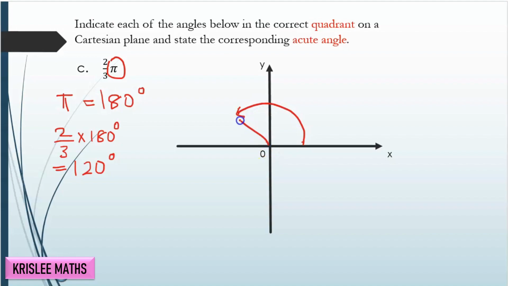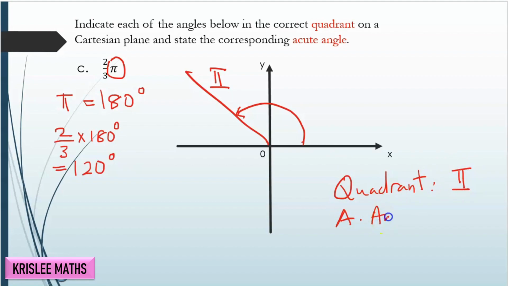So you stop here because this is 90, plus you'll move on until second quadrant. Okay, you stop at second quadrant. Therefore you can write the answer. So the quadrant is second quadrant. And how about the acute angle? Okay, so remember the butterfly, so it has to be here between the x-axis and the radius.